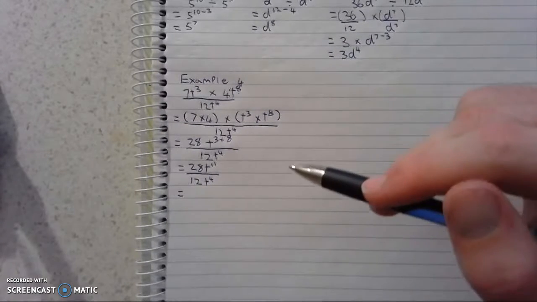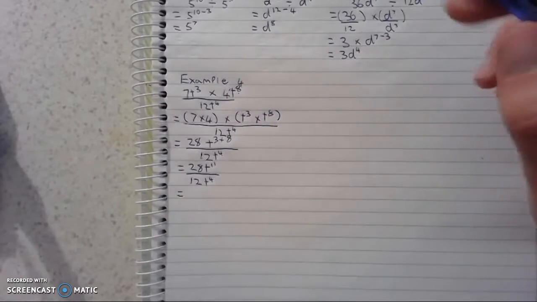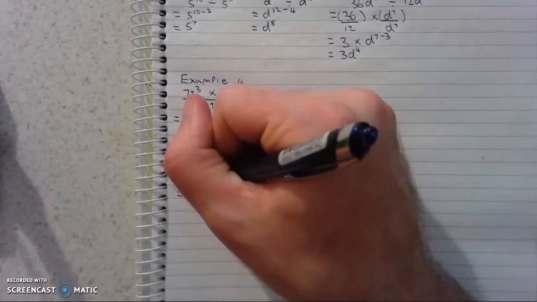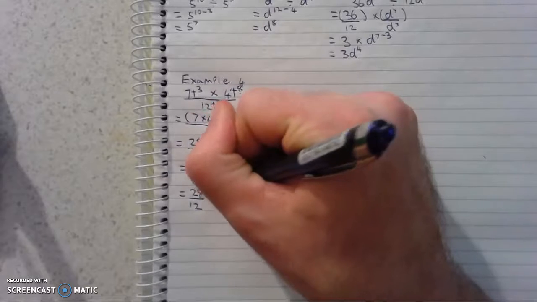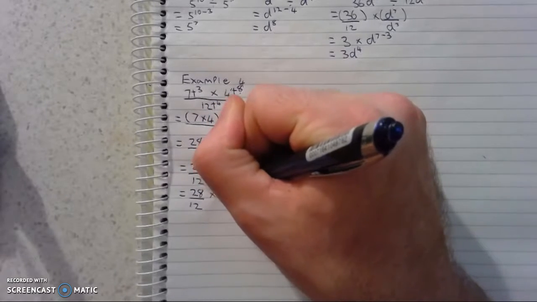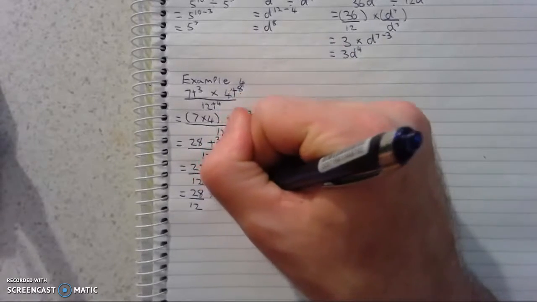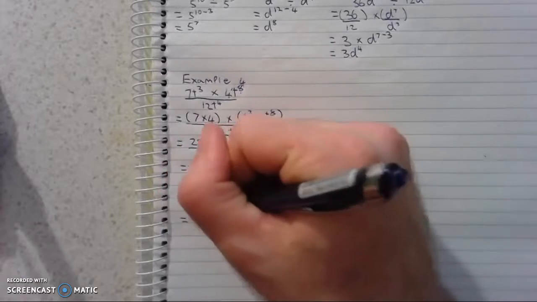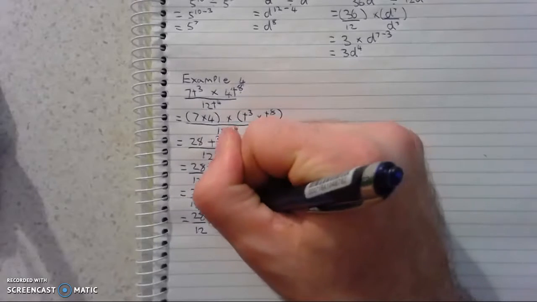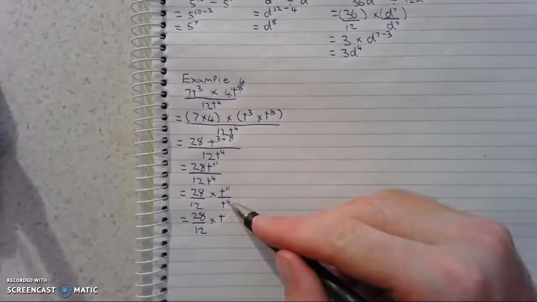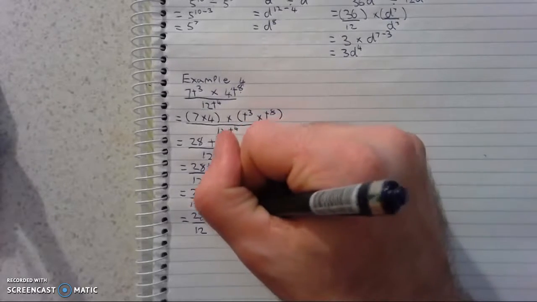We still divide our coefficients first, then apply our second law for our variables, and then put them together, but in a simplified form. So it's still 28 over 12 times t to the power of 11 over t to the power of 4, which can be broken down into 28 over 12 times t to the power of 11 minus 4, which is 7.